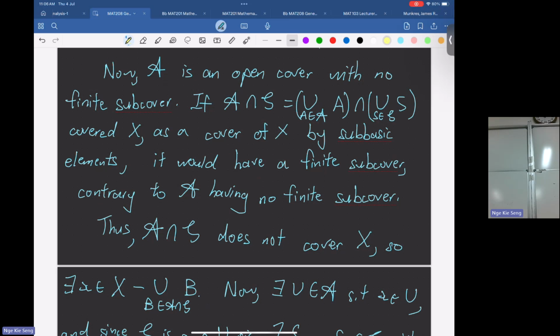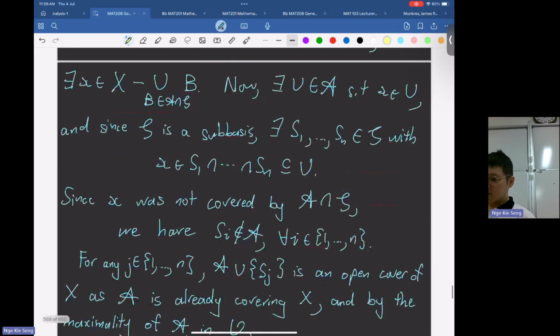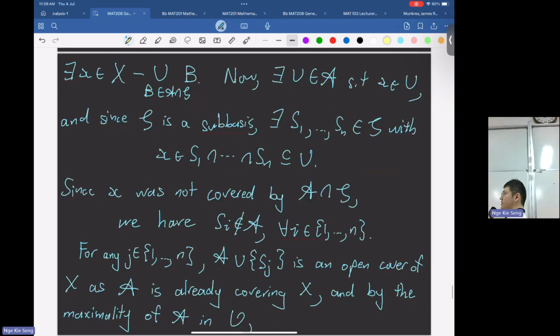So it doesn't cover X. Then we find this little x in the complement of this intersection here. And because we have a subbasis, it has a basis property here. So this x should lie inside a finite intersection of elements of the subbasis.